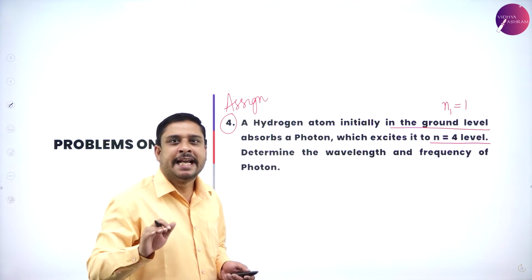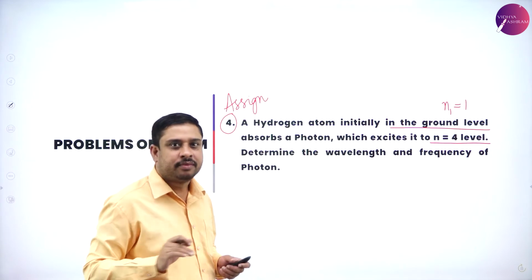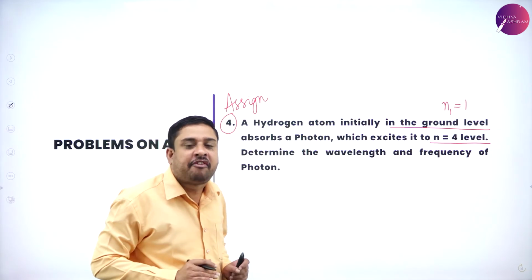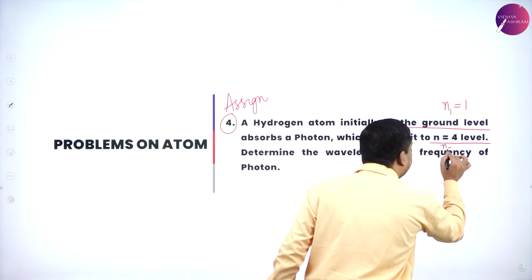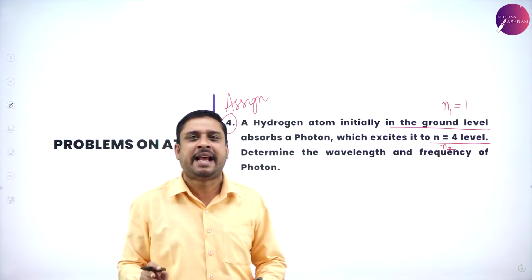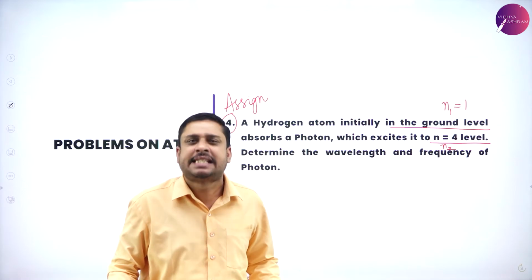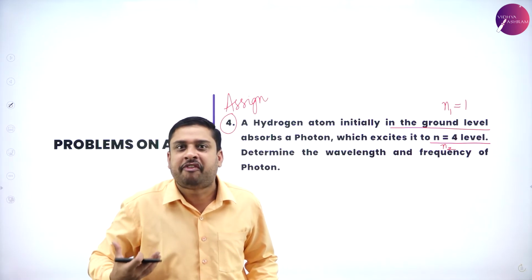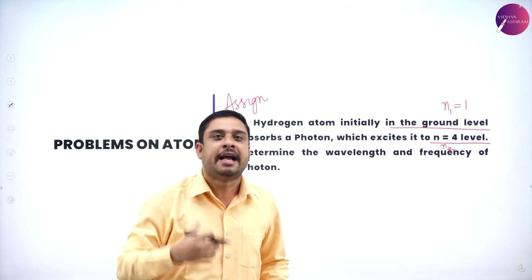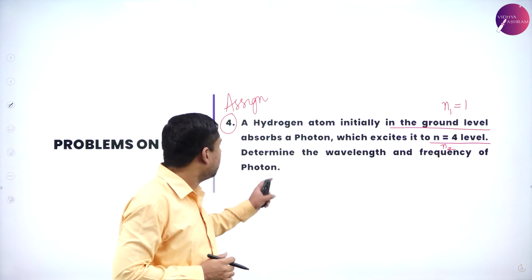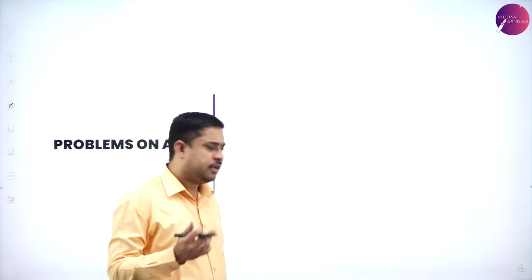So initially it is in the ground level, n equals 1. It absorbs a photon and jumps to the n equals 4 level. Here it is not de-excitation. It is excitation, absorbing a photon, the electron jumping into a higher energy state.